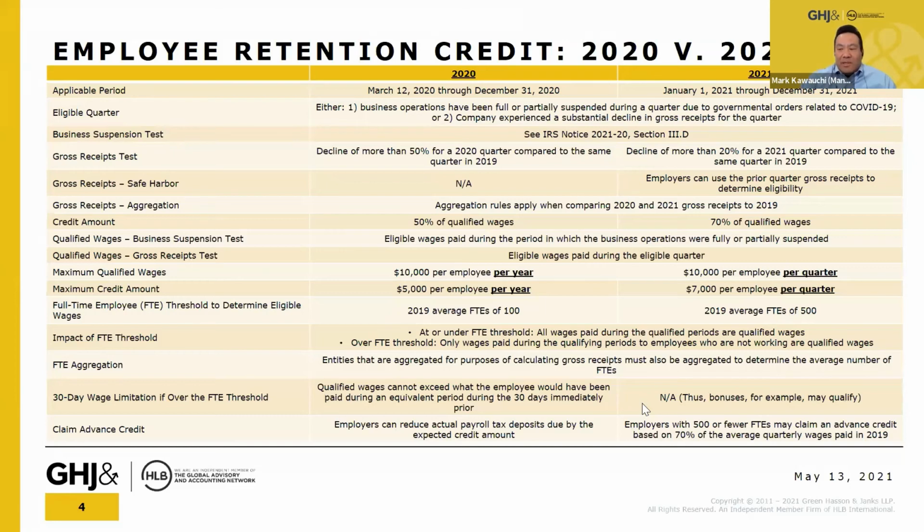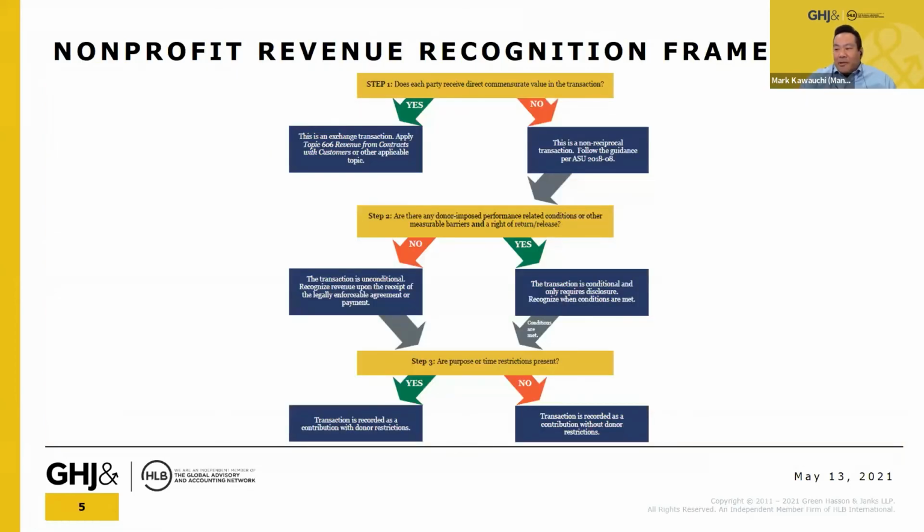And both ASU 2018-08 and 606, as organizations were going through the three-step process of evaluating their revenue streams, the first step required organizations to identify whether the revenue stream has any commensurate value being received by both parties, meaning that both parties are receiving some type of value from that transaction.